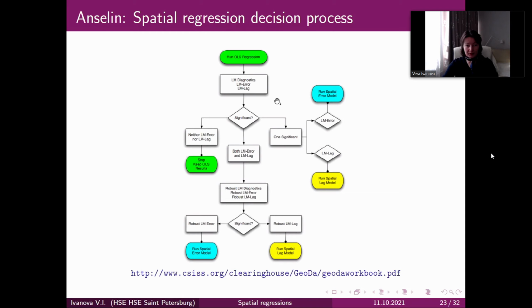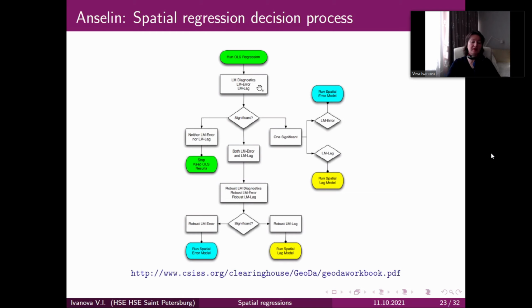Anselin proposed the spatial regression decision process based on Lagrange multiplier diagnostic tests, or LM tests. We run LM tests. There must be LM error and LM lag.